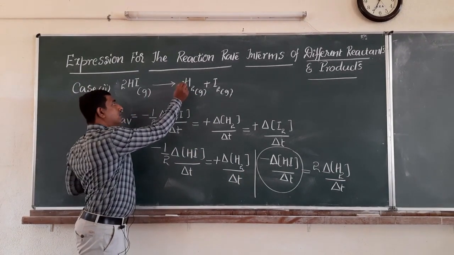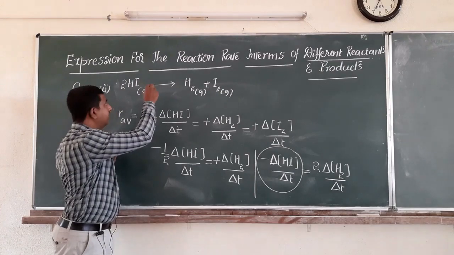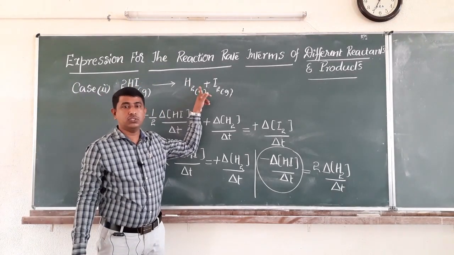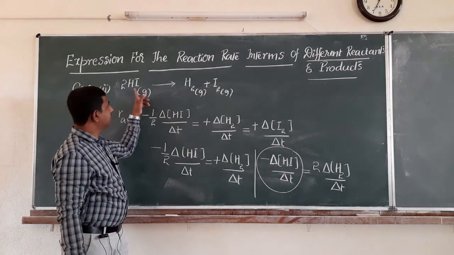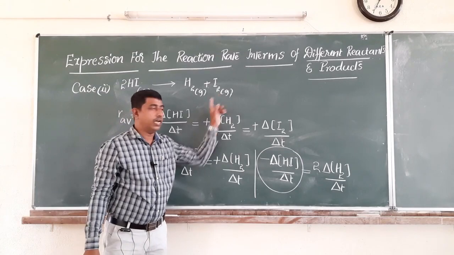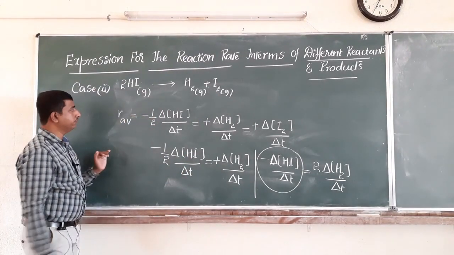So the rate of disappearance of hydrogen iodide is 2 times the rate of appearance of hydrogen, or 2 times the rate of appearance of iodine. I will explain it again.